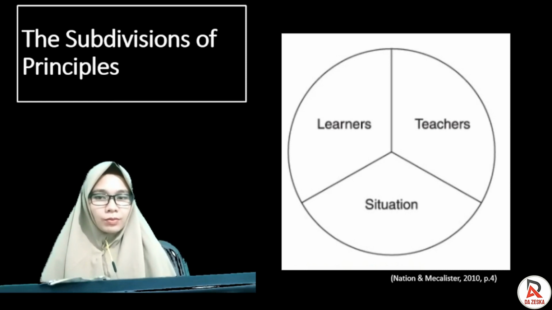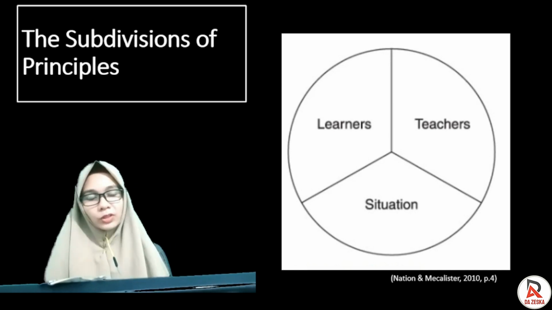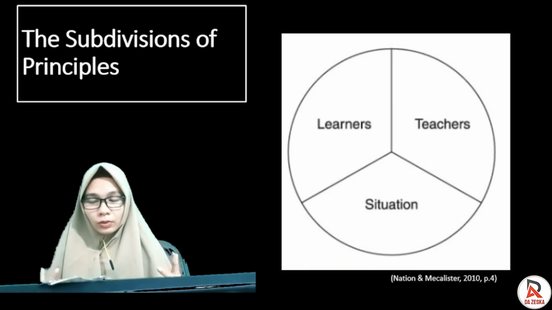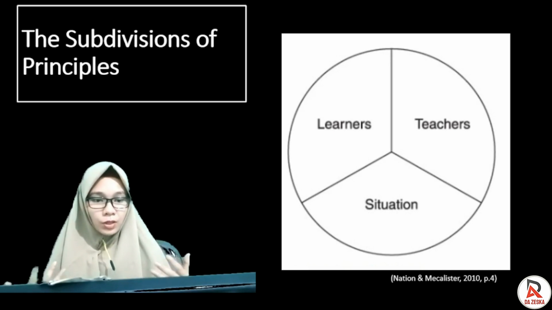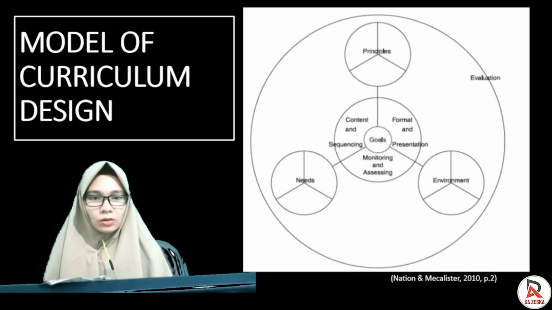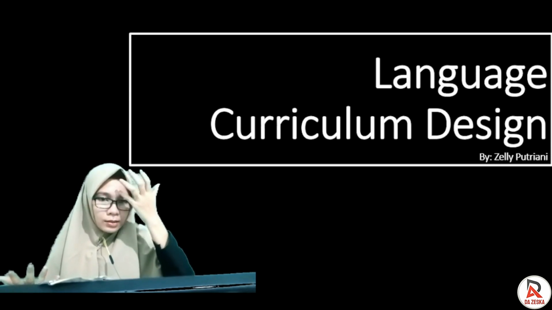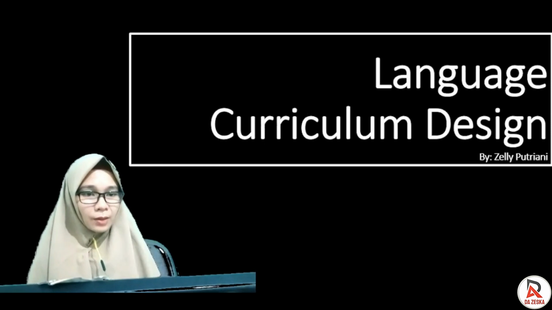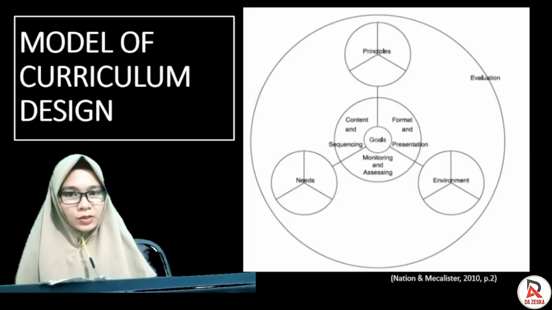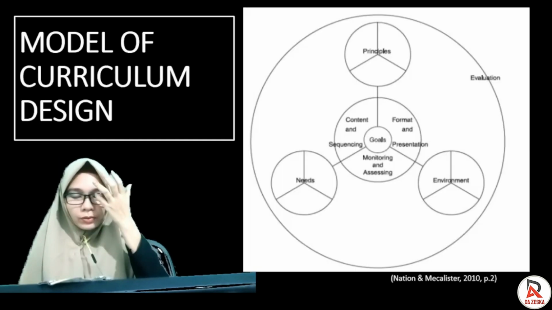Even if maybe you have learned those principles in TEFL or teaching methodology class, when you want to design a course, when you want to develop a language curriculum, you'll need those principles too. That's all for this topic, language curriculum design, especially models of curriculum design.